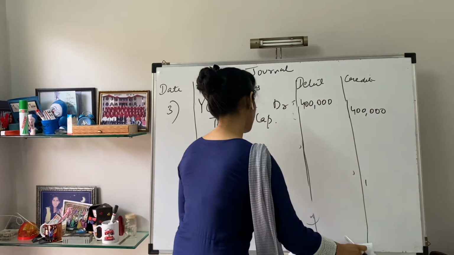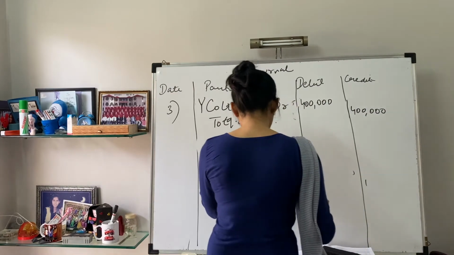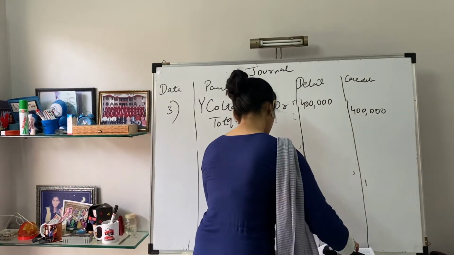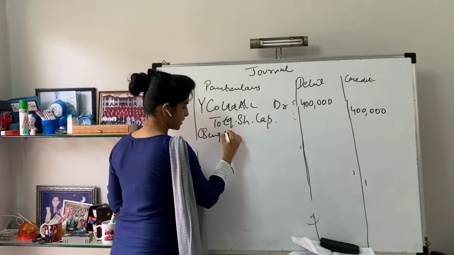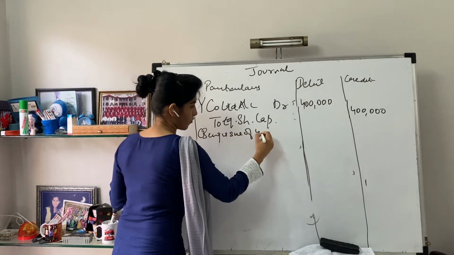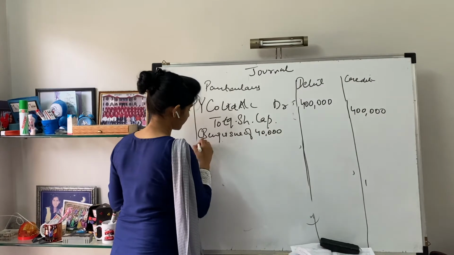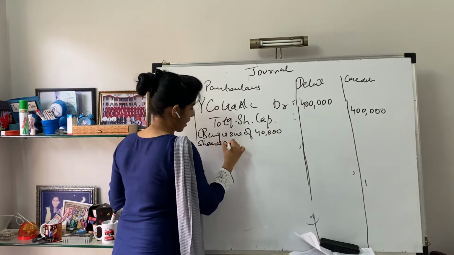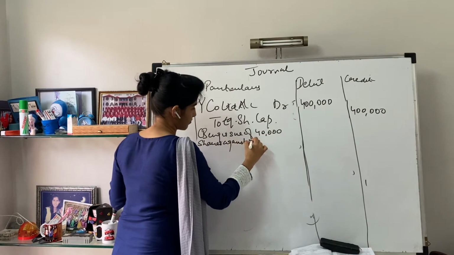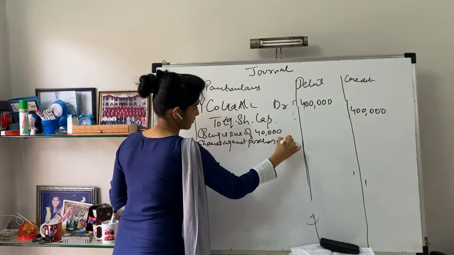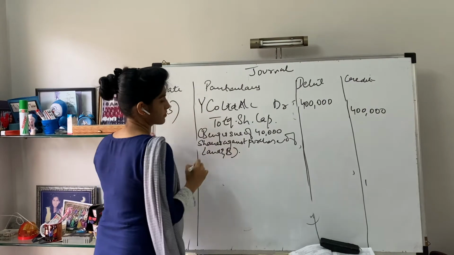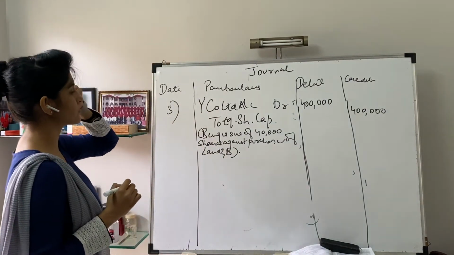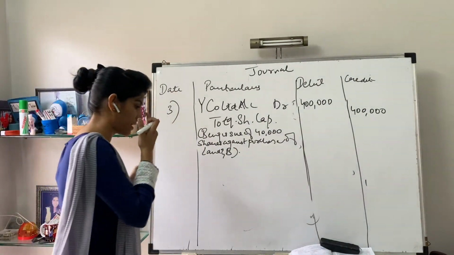Your narration for the same will be being the issue of 40,000 shares against the purchase of land and building.